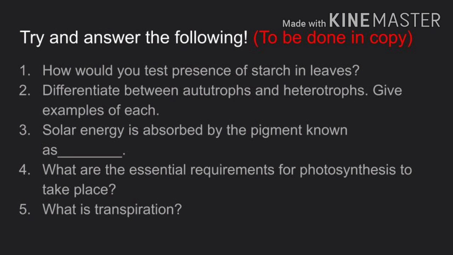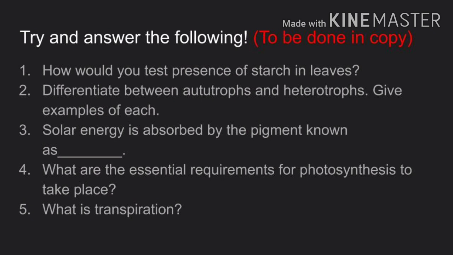Then we studied the process of photosynthesis. Very important process that you need to memorize by heart, each of the points. Write all the points in your copy. How photosynthesis takes place. The green pigment chlorophyll is necessary for photosynthesis. It takes place in the presence of sunlight, carbon dioxide, air, water, all of these, and the structure of the leaves.